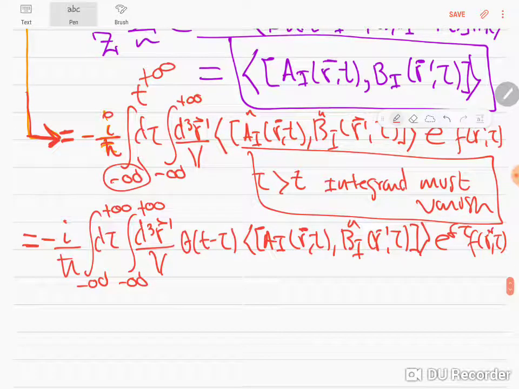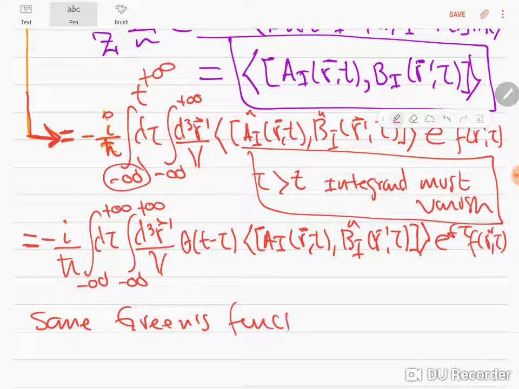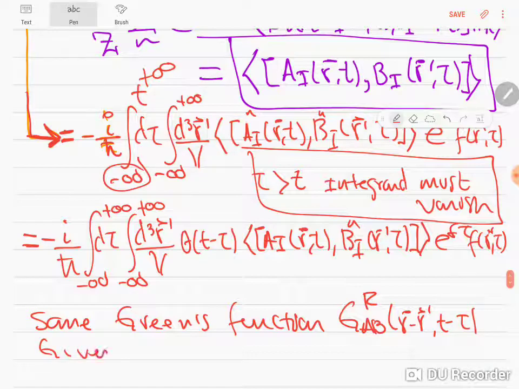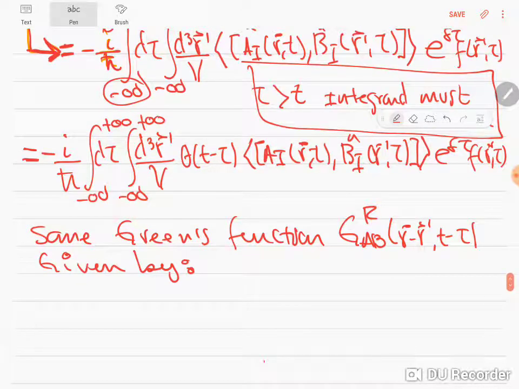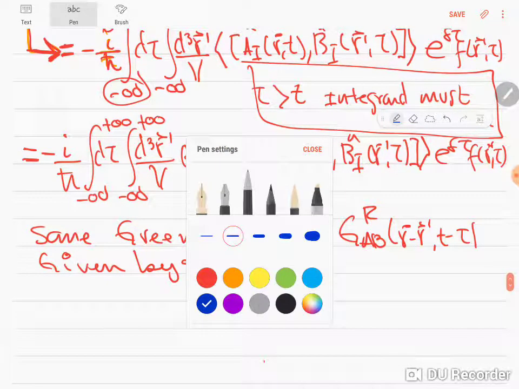So now I will define the following: some Green's function, G_AB retarded of r minus r′, t minus τ, given by the following. So let's use dark blue.